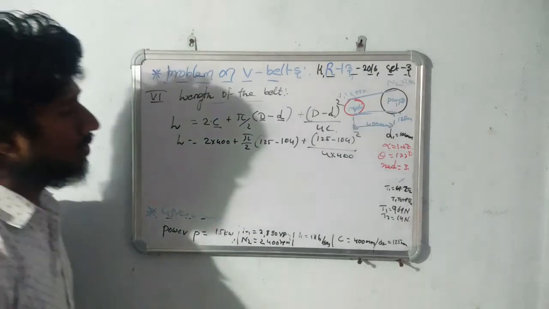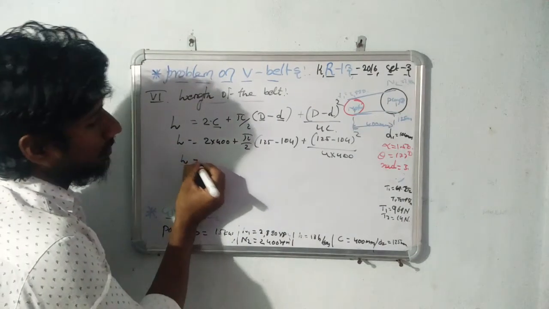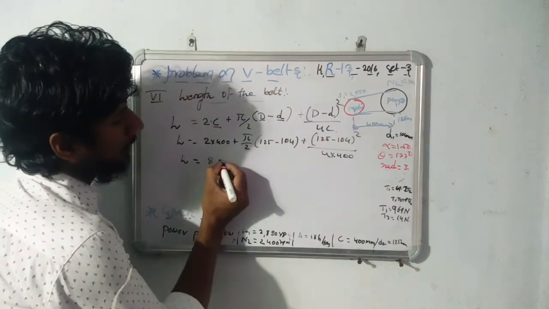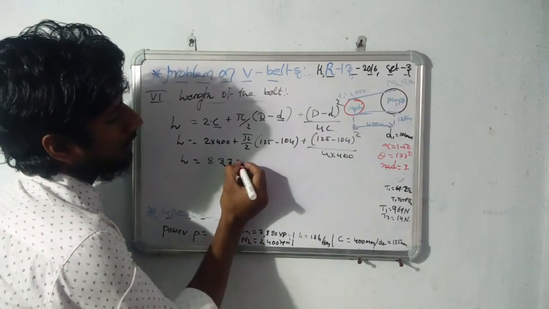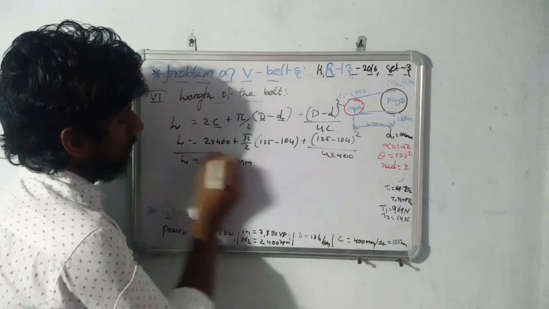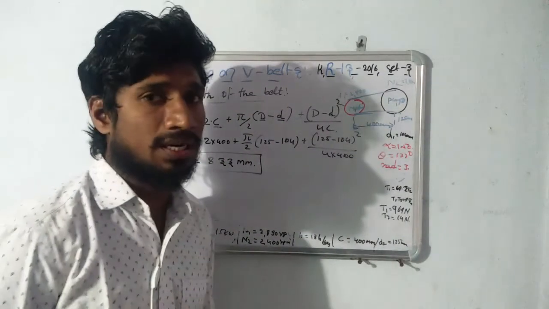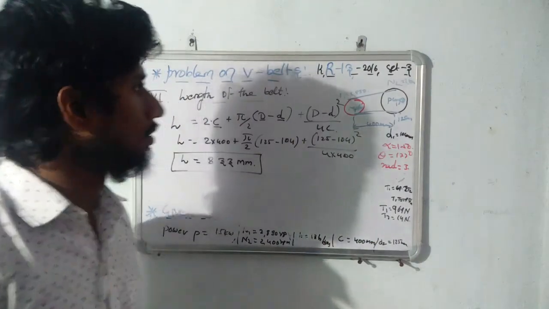So by simplifying this, we get the length of the belt here: 833 mm. So this is the length of the belt required for the given application.